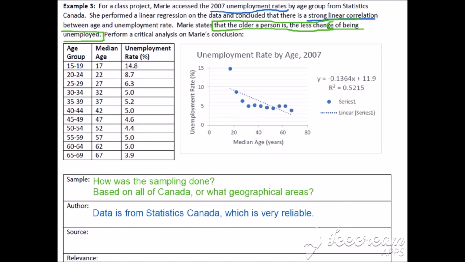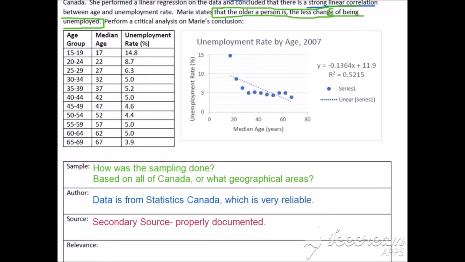She's using a secondary source, right? Because she's using Statistics Canada. Statistics Canada has the funding to ask many people, whereas she may only be able to ask a certain few in maybe her community. So this is collected from a secondary source, and it's most likely properly documented, especially if it's Statistics Canada. So author and source are very reliable.